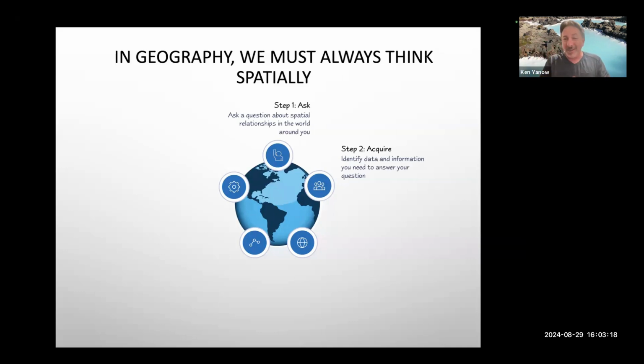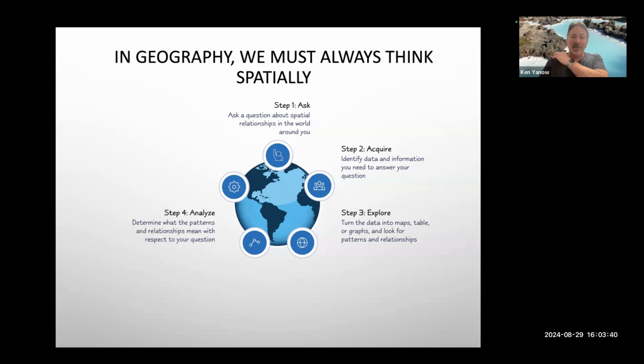But again, it's usually going to be spatial data. Step three, you're exploring. You're turning that data into maps or tables or graphs. And you're literally looking for patterns and relationships, spatial patterns, spatial relationships, to see if there's a connection between location and what you are observing. Step four, you're analyzing the data. You're analyzing those patterns and those relationships with respect to your question.